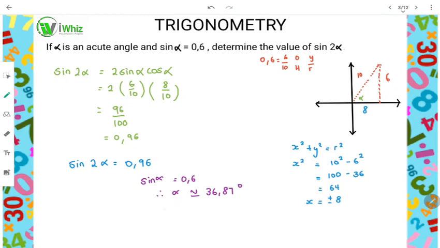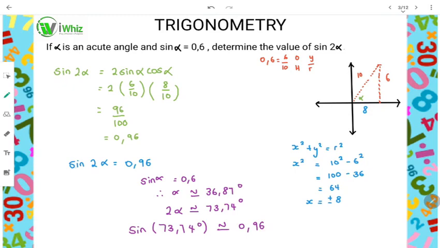I can then say that 2 alpha, which is multiplied by 2, is approximately equal to 73,74 degrees. So if I put that into the calculator, I can say sine of 73,74 degrees is approximately 0,96.